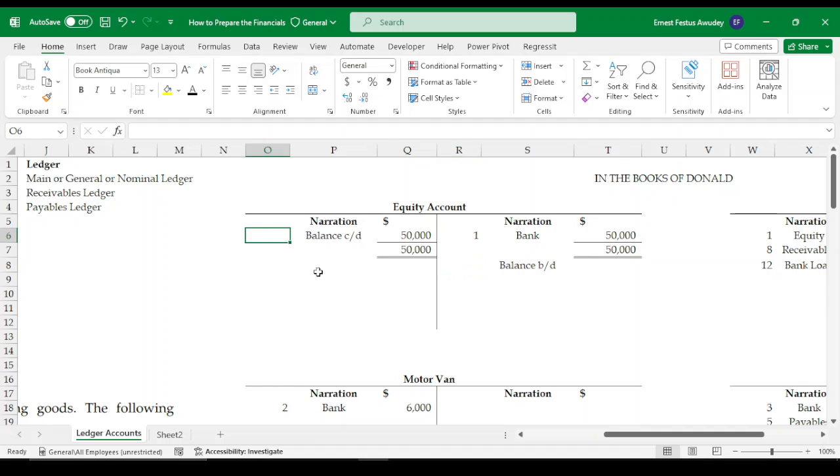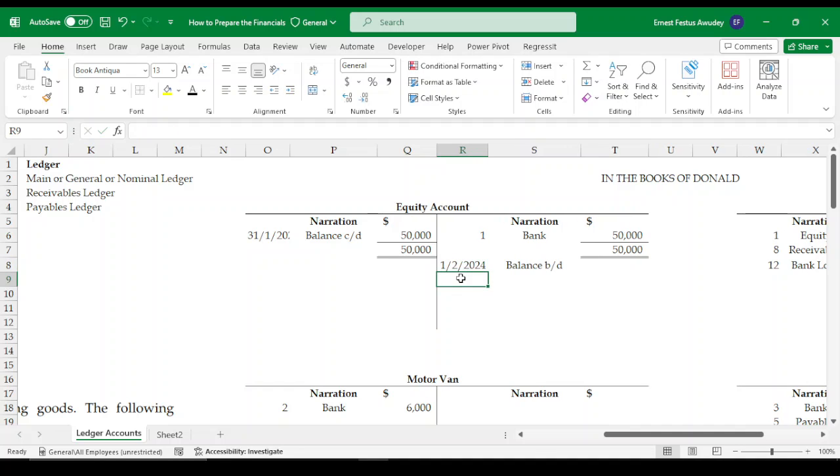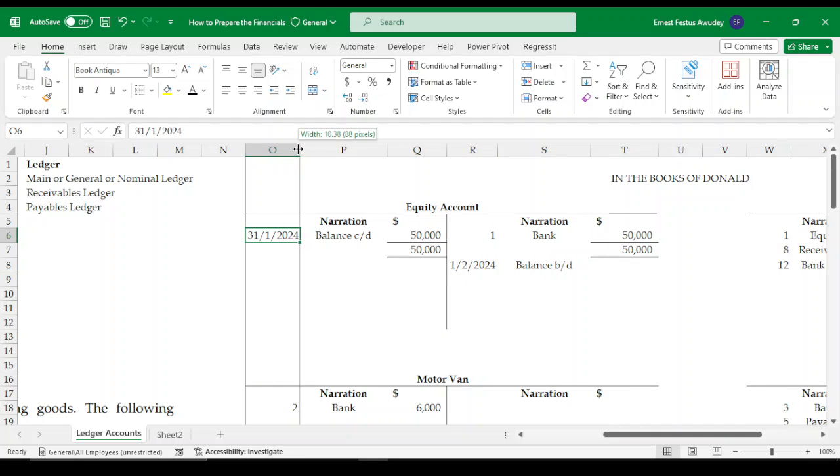So what I'm saying is that, assuming this is 31st January 2024, then this would be 1st February 2024, like that. All right, that is what we do.